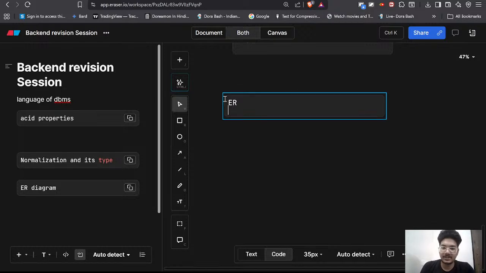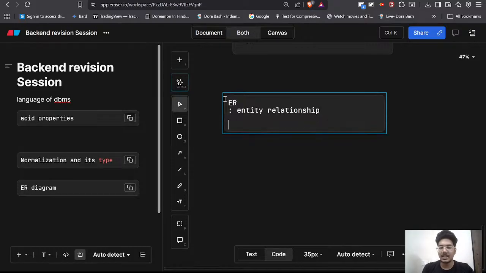So ER stands for entity relationship diagram, showing the different entities and the relationships among them in the database.